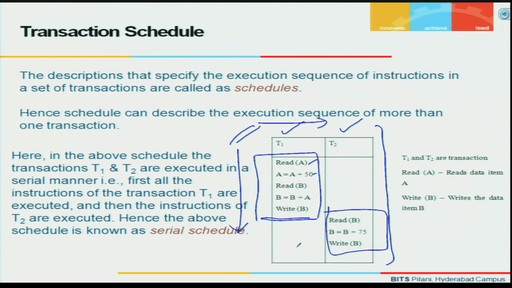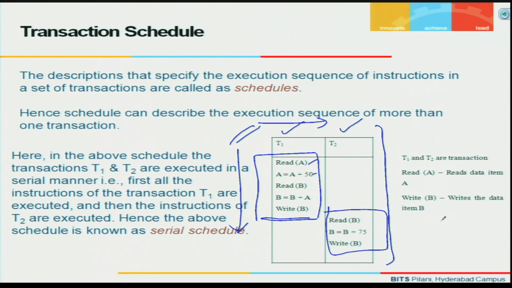Once all the instructions of T1 are completed, then I take up T2 for execution. Here in the schedule, the transactions T1 and T2 are executed in a serial manner. That is, first all the instructions of the transaction T1 are executed, and then the instructions of T2 are executed. Hence, the above schedule is known as a serial schedule.